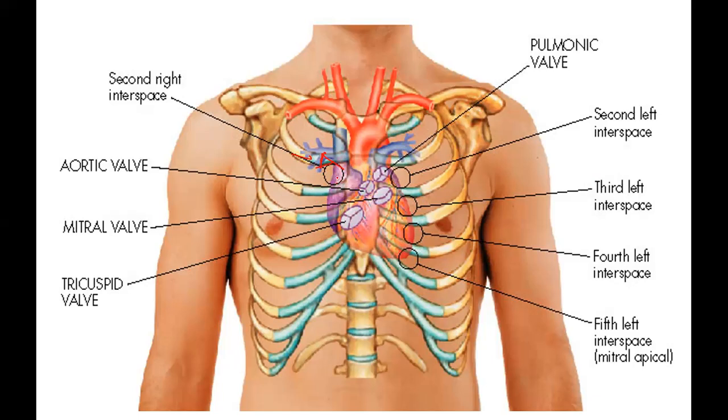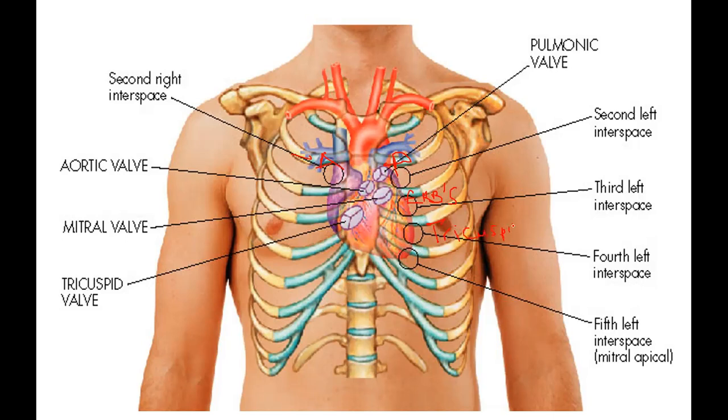Let me first run through these topographic areas so that you understand them. We have the aortic area, and then we have the pulmonic area here. Then we have Erb's point. This is Erb's point. And then we have the tricuspid area. That's the tricuspid area.